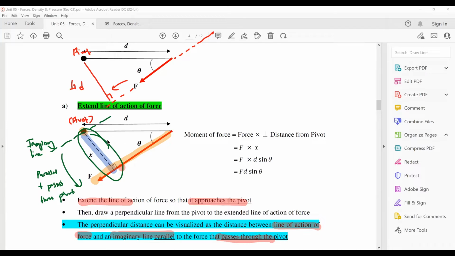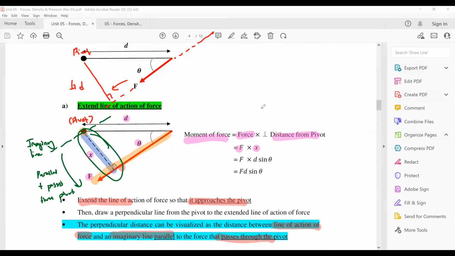So once you have extended the line of action of the force and identified your perpendicular distance, your moment, let me just change the color, is still force times perpendicular distance. You're just going to take F times X. But X here, the perpendicular distance, can be expressed in terms of angle theta and d.